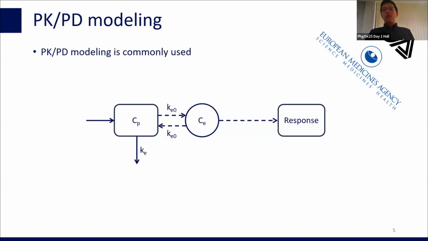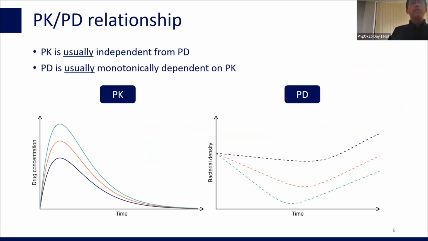All right, very commonly we use computational methods when it comes to PK/PD analysis. We use so-called compartmental analysis, where we use hypothetical compartments to describe how drugs distribute across different parts of the body and eventually how they act against the targets. For most traditional drugs, the PK/PD relationship is relatively straightforward and to some extent independent from each other.